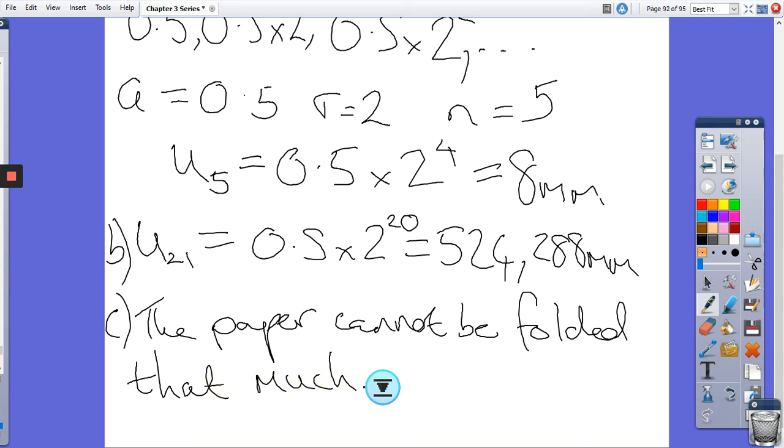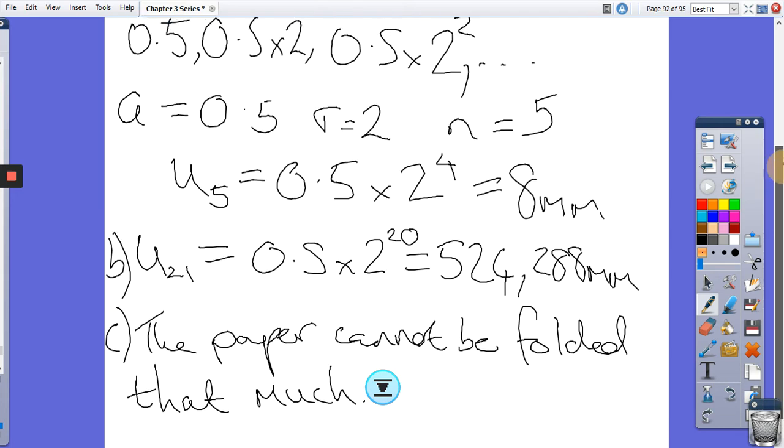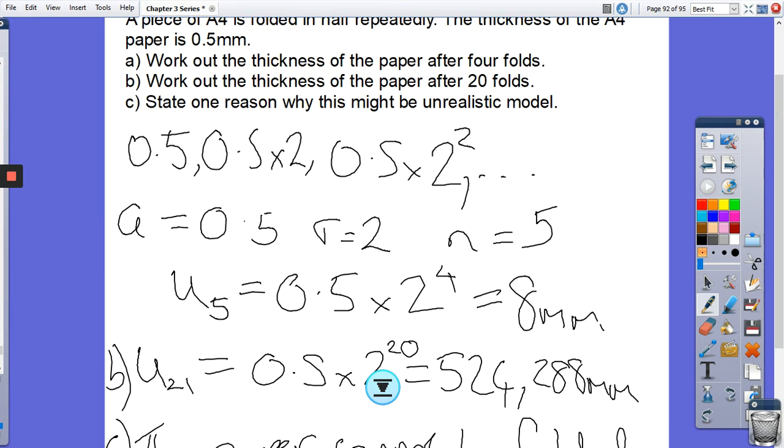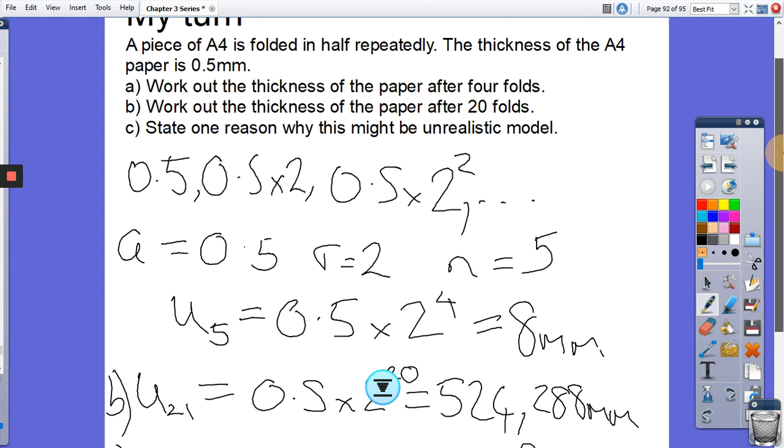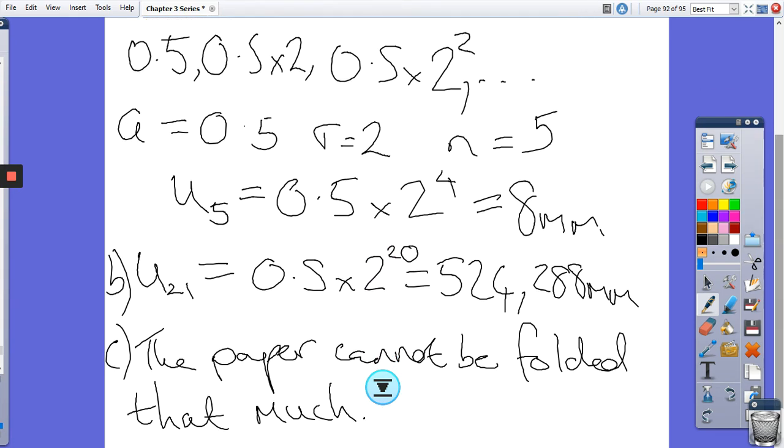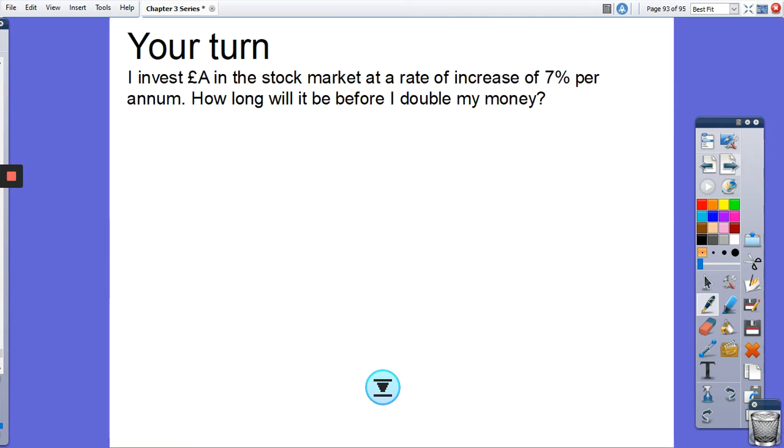Okay, so make sure you've got this into your notes, and then what I want you to do is make sure you've got all this into your notes here, and then have a go at this example here.